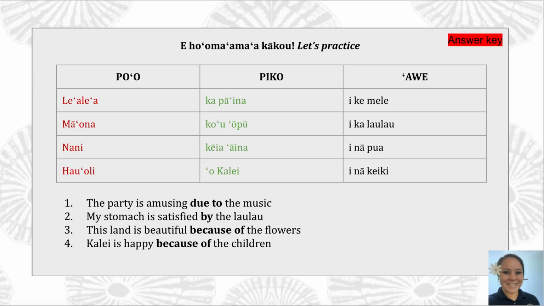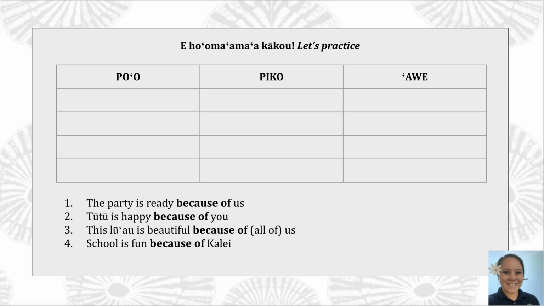Let's ho'oma'ama'a, let's practice one more time. Same thing, translate these four sentences using the a'ano with a cause sentence structure. Pause the video and then play to reveal the answer key.